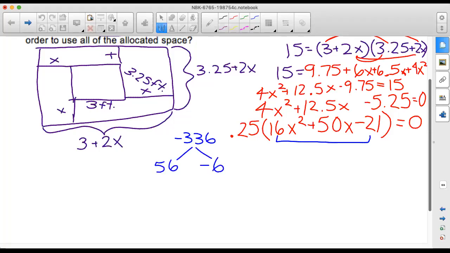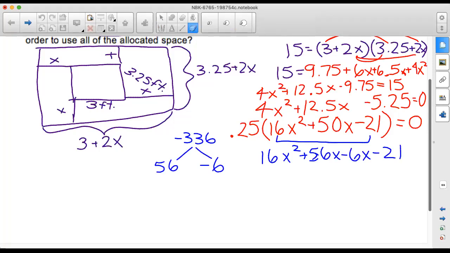Yeah. Good. So I'm going to rewrite this as 16x squared, and then we did grouping. So what do you take out of the first two terms?